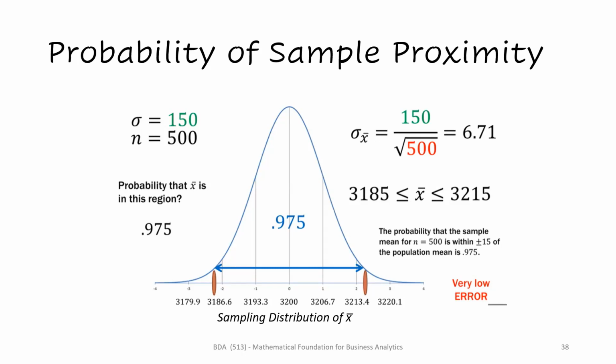So the sample size has an effect on the probability. As you increase the sample size, there is room for less error and a high probability of a figure being chosen.